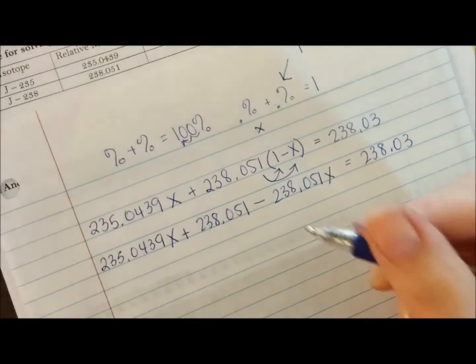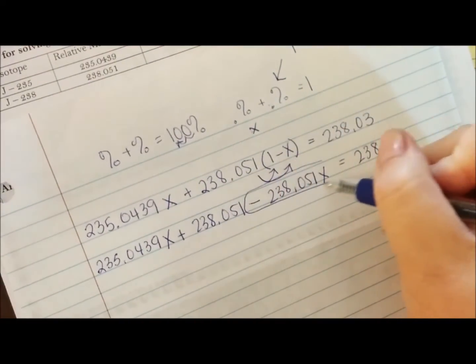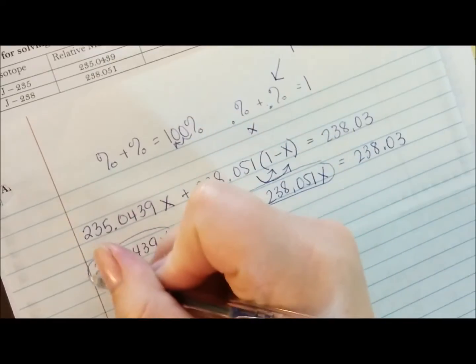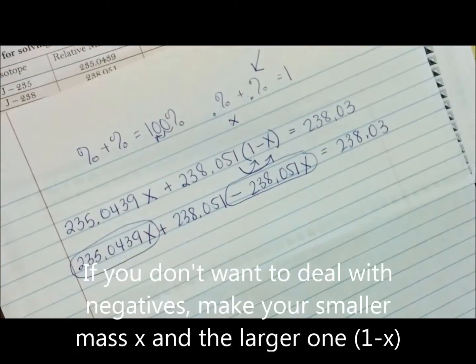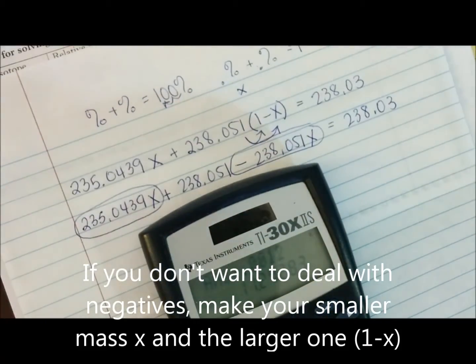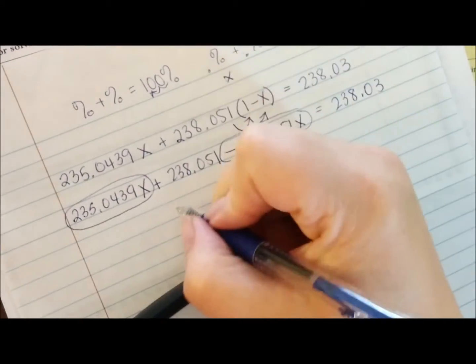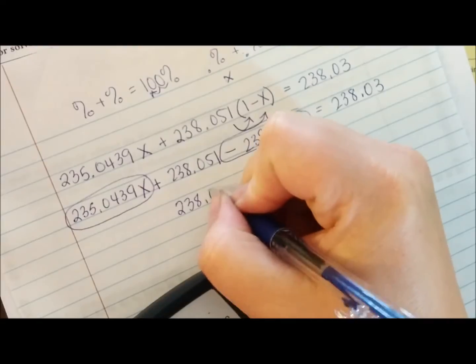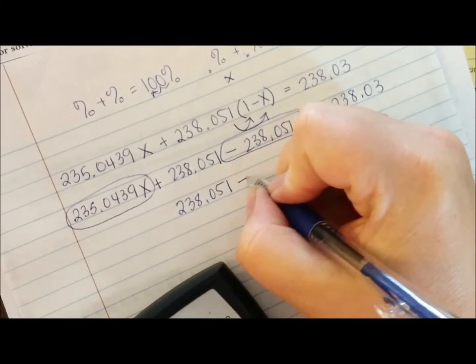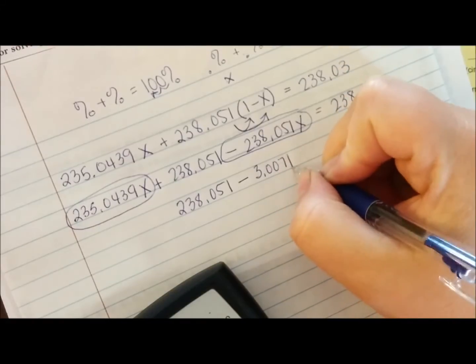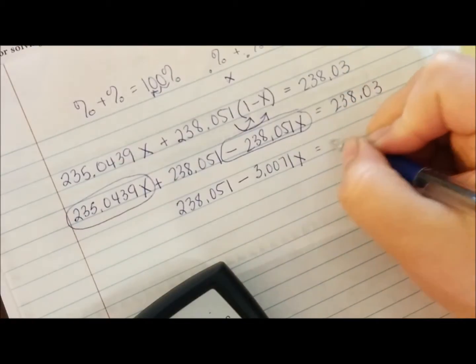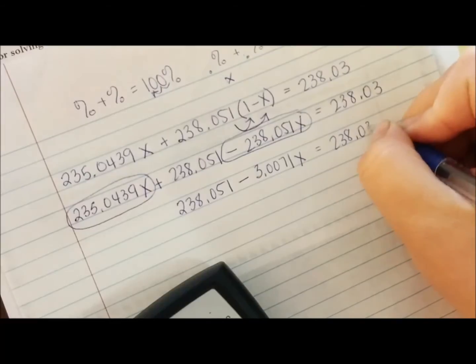So like we did earlier, we're going to combine like terms. So we're going to combine this guy and this guy. And in this case, you might be able to see right now that it's going to be negative, and that's okay. I have 238.051 minus 3.0071x equals 238.03.